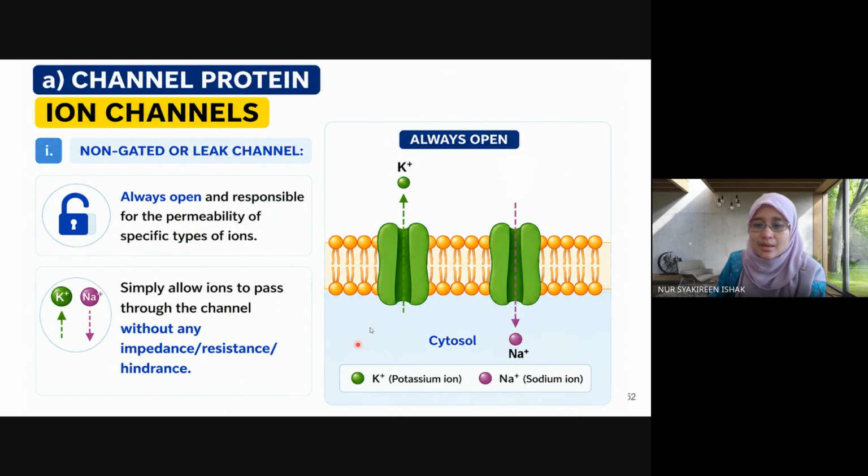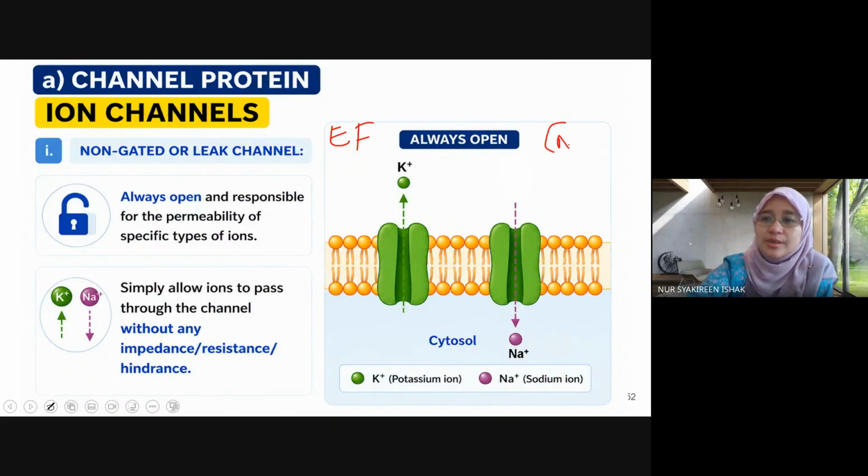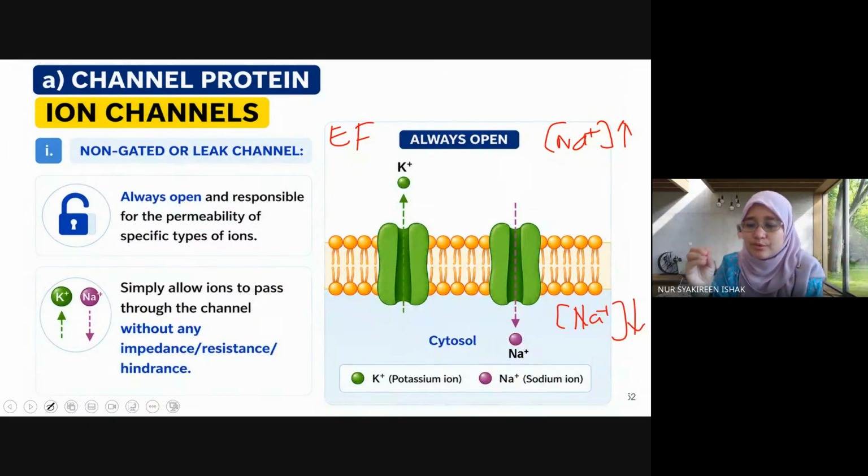Okay. So let's say for example, in this diagram here, on the outside, the extracellular fluid side, the concentration of sodium ion is high. Compared to the cytoplasm, the concentration of sodium ion is low. Okay, so the movement of this sodium ion from outside to inside the cell uses the leak ion channel.